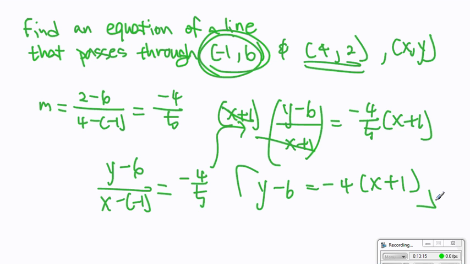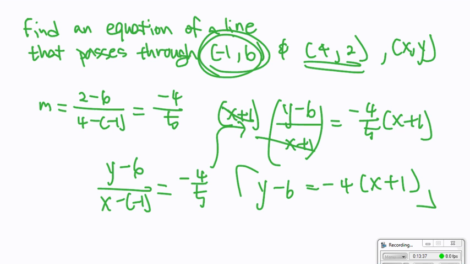And knowing that, let me give you one more question. What if I want to say the point on the line is a comma b, and the slope is equal to m? Can you write an equation of this line? Yes, you can, of course, based upon the previous one that we have done. How are we going to do it?